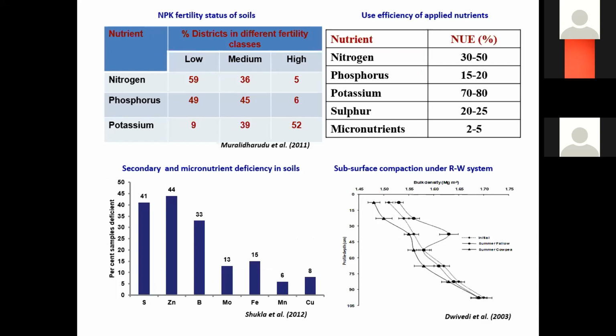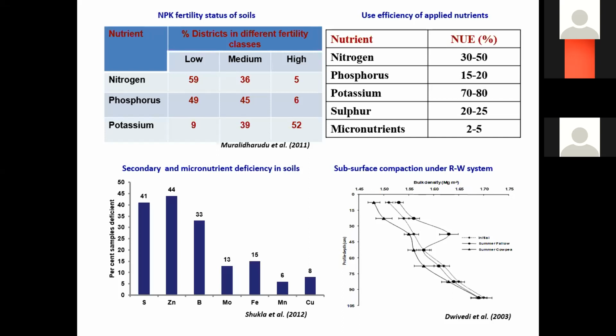Still in our agriculture we have much deficiency of nutrients, not only macro but also micronutrient deficiencies. Nutrient use efficiency is still very low. For micronutrients, it is only 2 to 5%. For phosphorus, only 15 to 20%. This is in the ideal case, and sometimes it is even less than this.